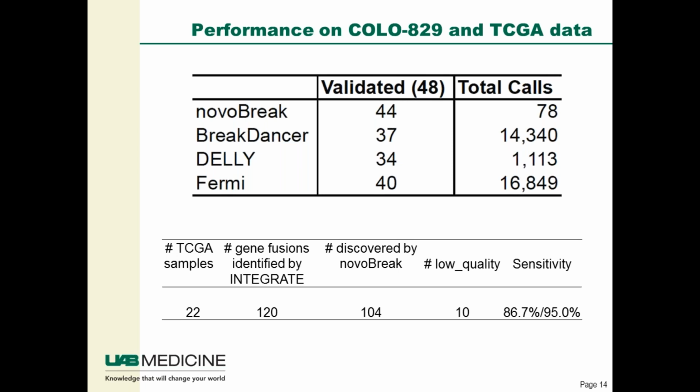The overall sensitivity is 87%, or including the low quality would be 95%. So the sensitivity is very high. The sensitivity of NovoBreak may be even higher because Integrate has a false discovery rate of 19%, and NovoBreak only uses the whole genome sequencing data.